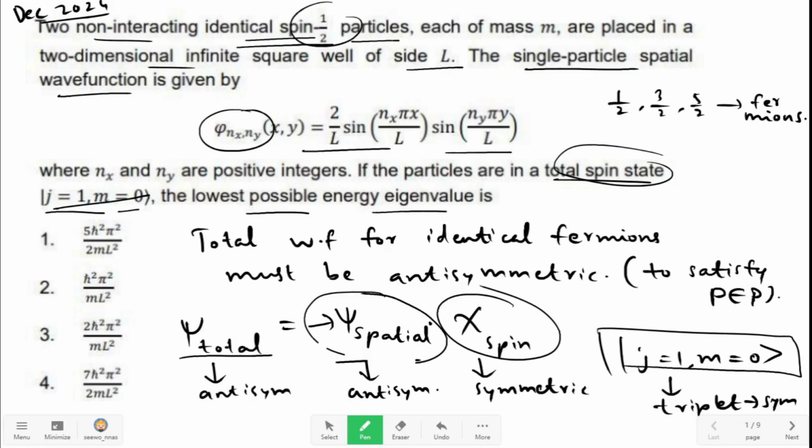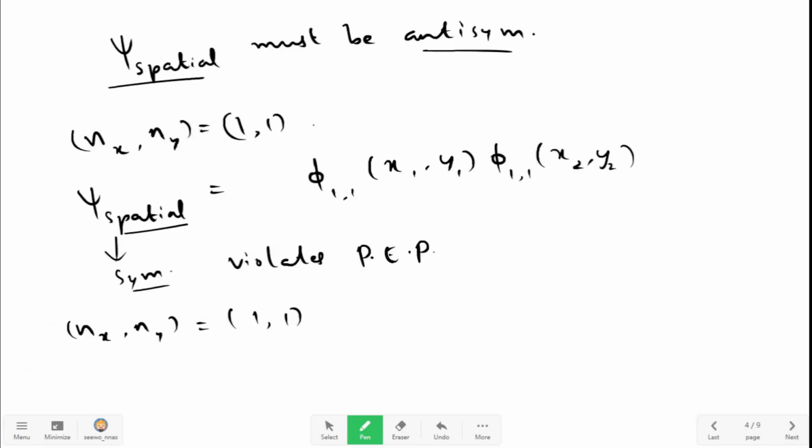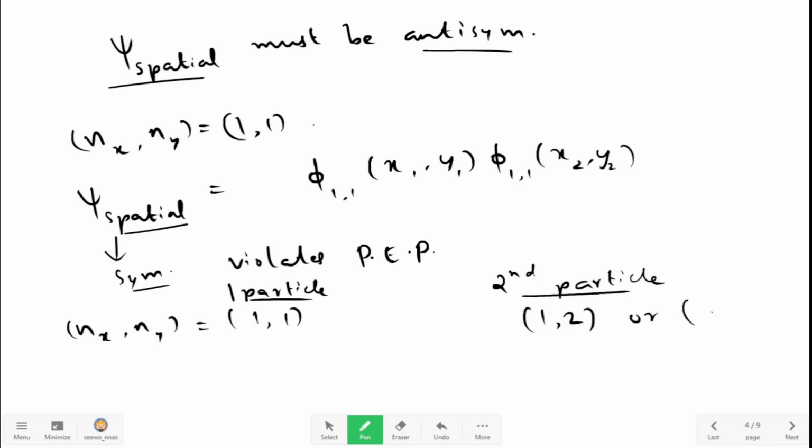It can be an electron or any other particle. So you can place one particle in the 1 1 state, and the second particle you can place in the 1 2 state, or you can place it in the 2 1 state, because both are degenerate states.